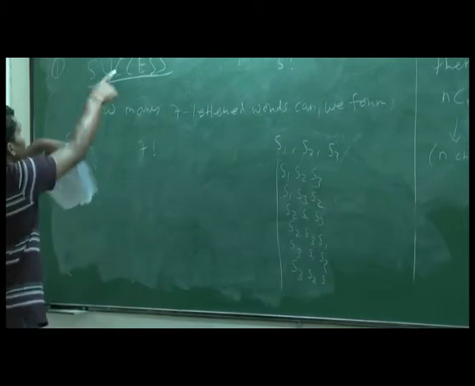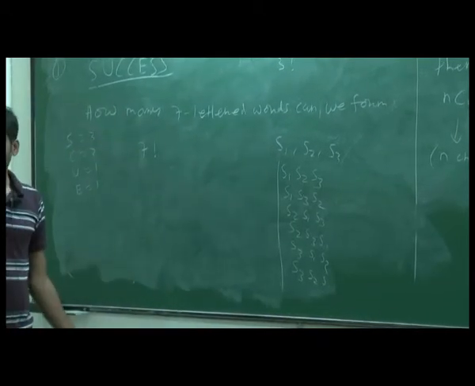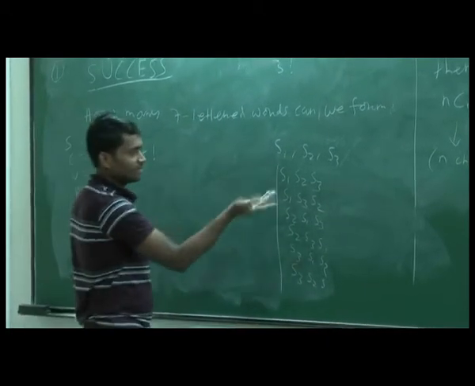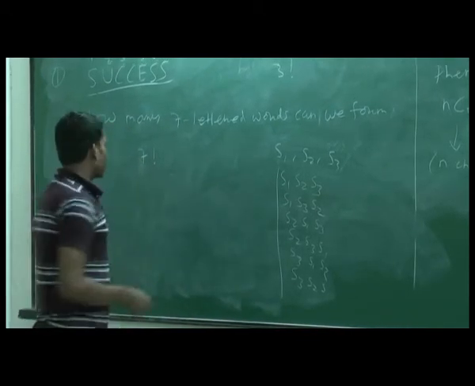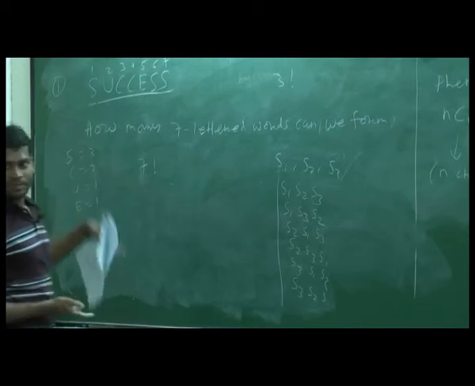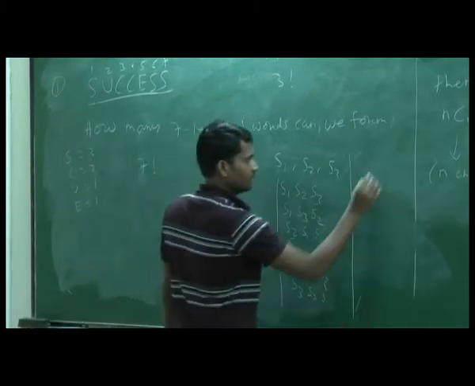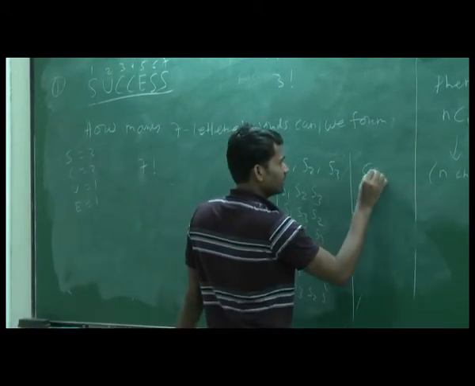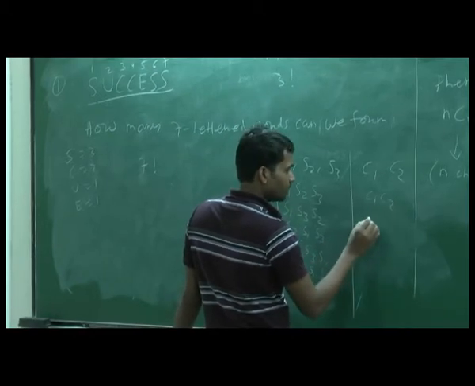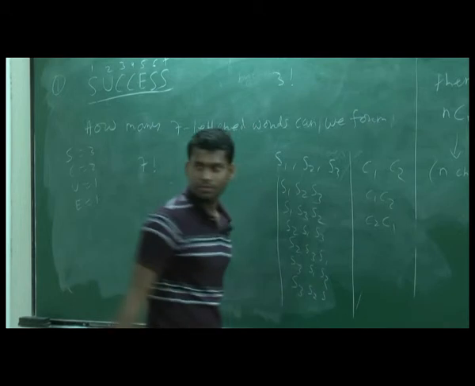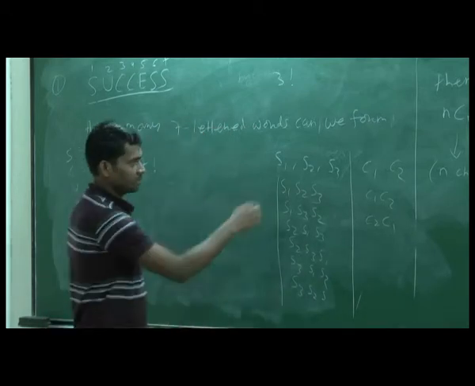But here actually these S are the same, so you cannot distinguish which S is this or that. And the C also: if you take C1, C2, then C1, C2 or C2, C1, the first and second are the same.